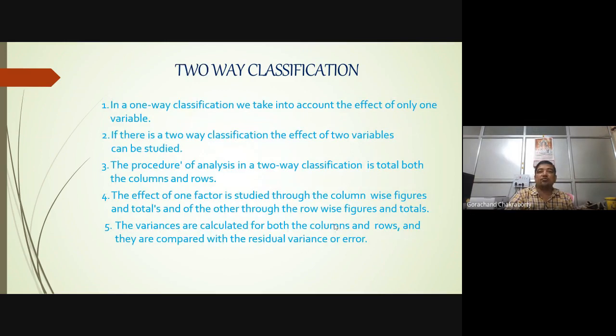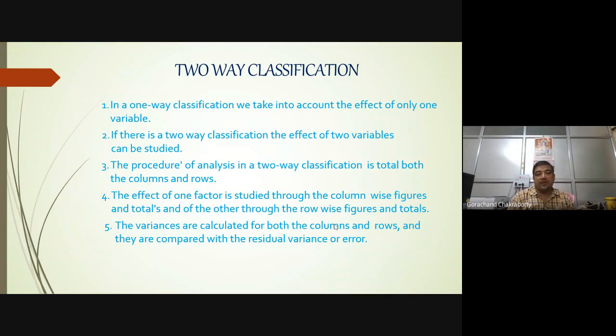Now, what is two-way classification? In a one-way classification, we take into account the effect of only one variable. In a two-way classification, the effect of two variables can be studied. So here two variables are there. The procedure of analysis in a two-way classification is to total both the columns and rows.